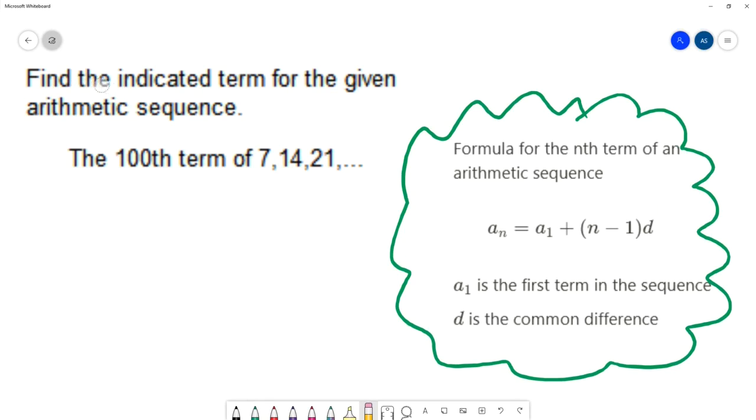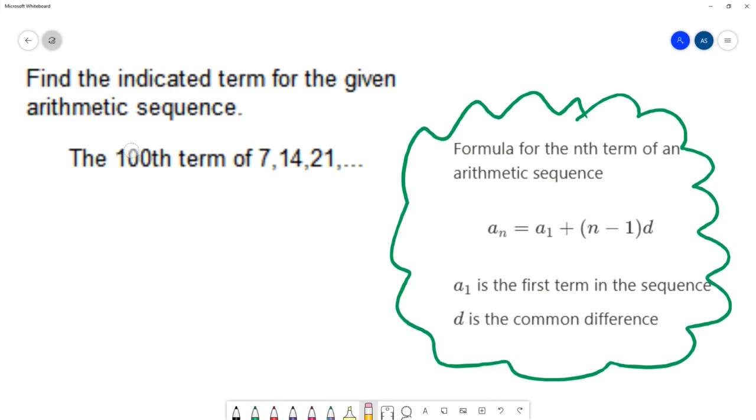For this question, we want to find the indicated term for the arithmetic sequence. We want to find the 100th term of the sequence 7, 14, 21, and so on.